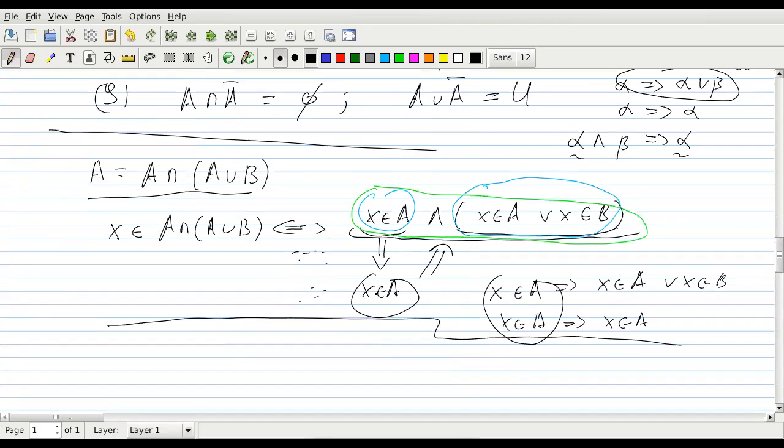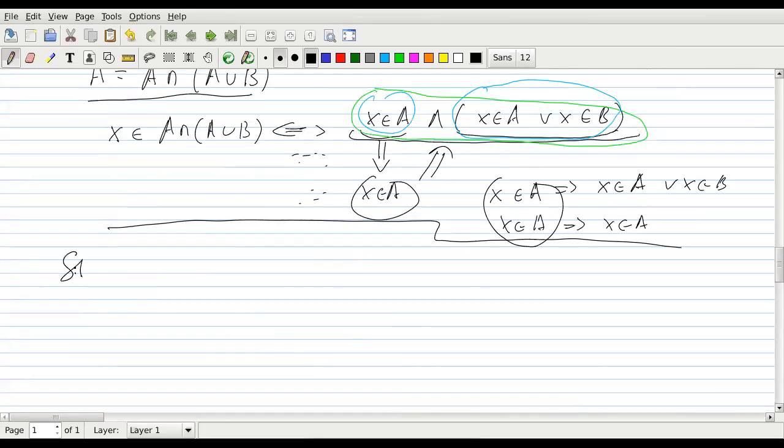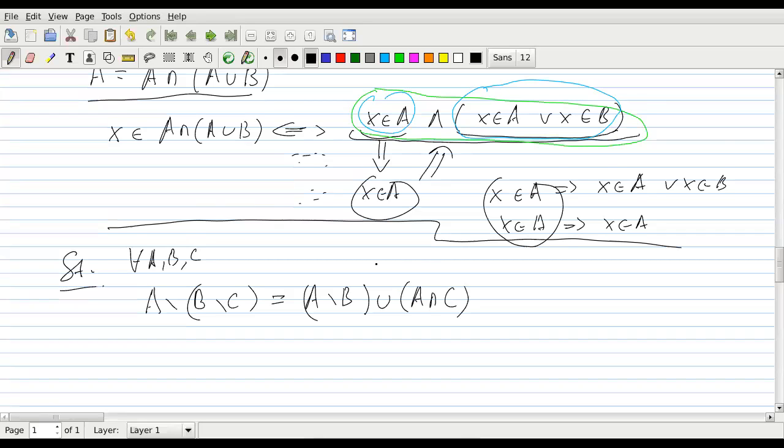Okay, let's see some applications of these identities. Assume that I want to prove the following statement. For every A, B, and C, A minus (B minus C) equals (A minus B) union (A intersected with C). How is it possible to prove it?